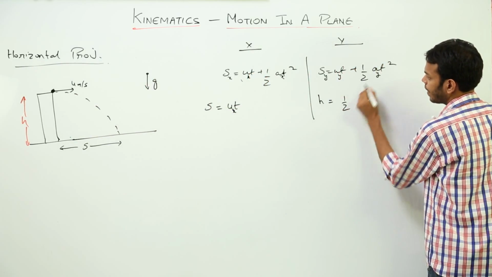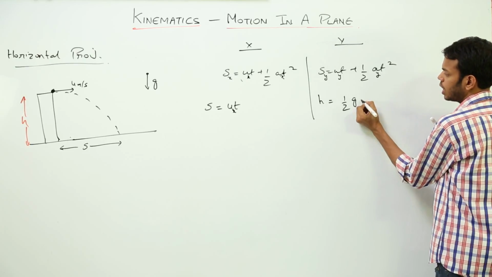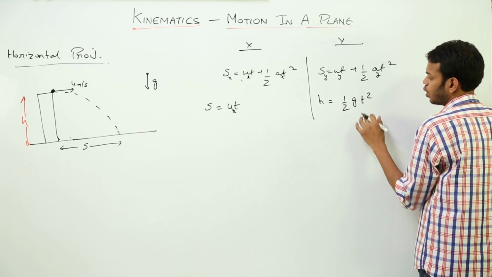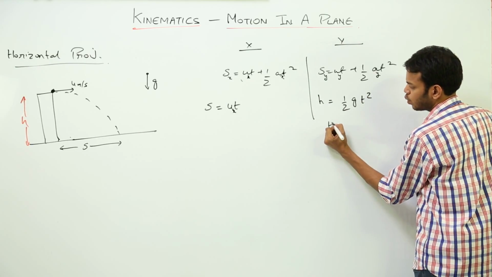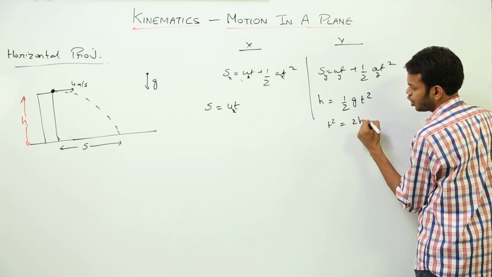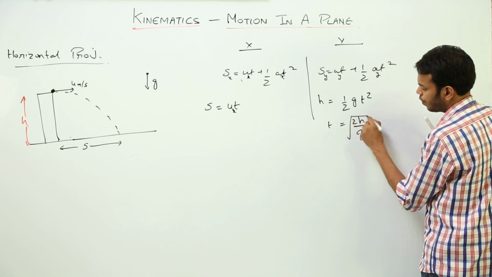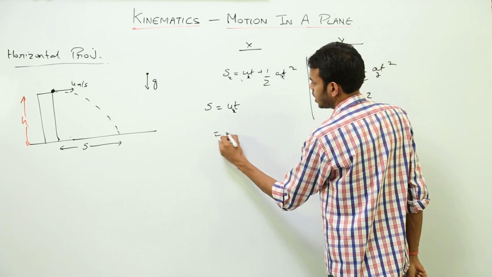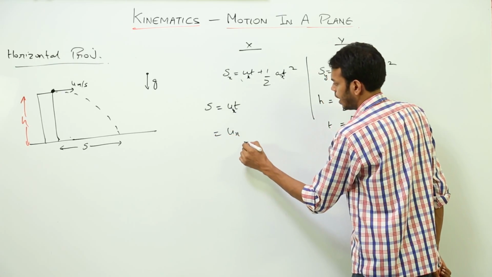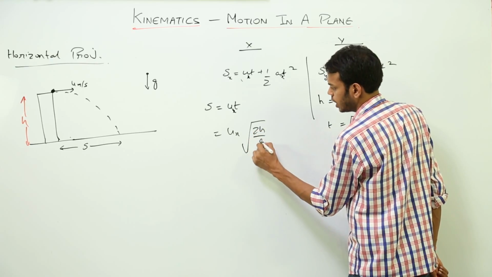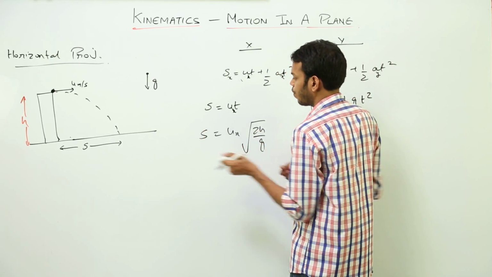You are left with half the acceleration along the y axis, which is g, into t square. So t square is 2h upon g, so t is the square root of 2h upon g. If I use this in ux into t, I get ux times the square root of 2h over g, which gives the formula for the distance covered along the x axis.